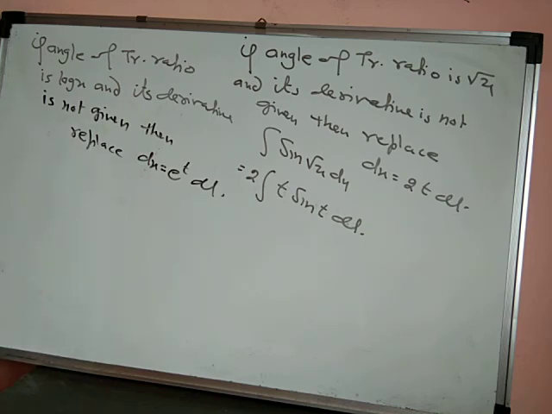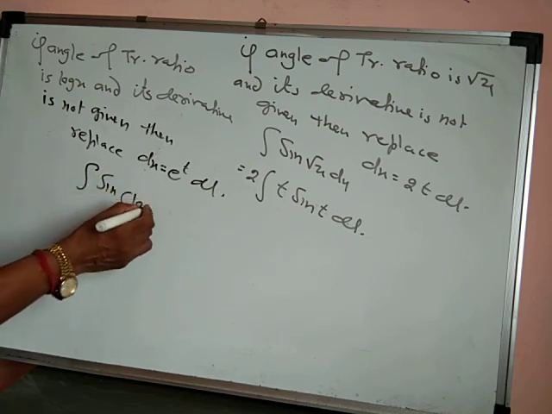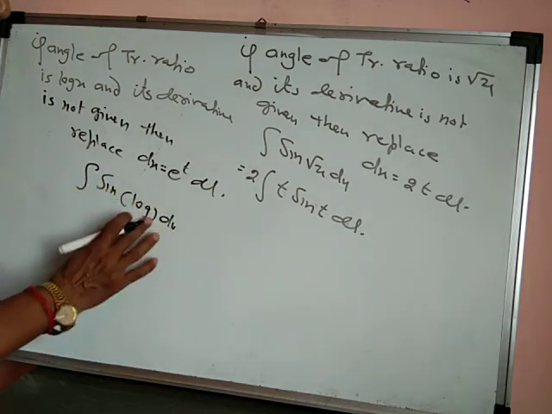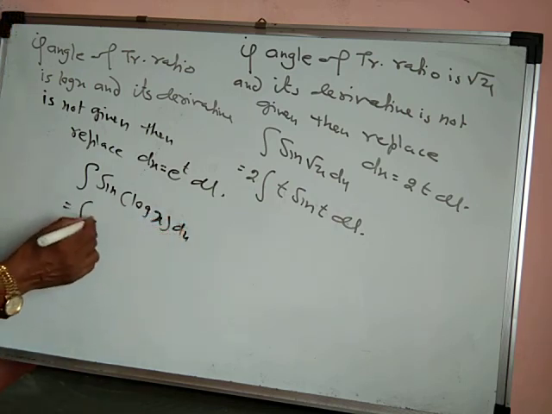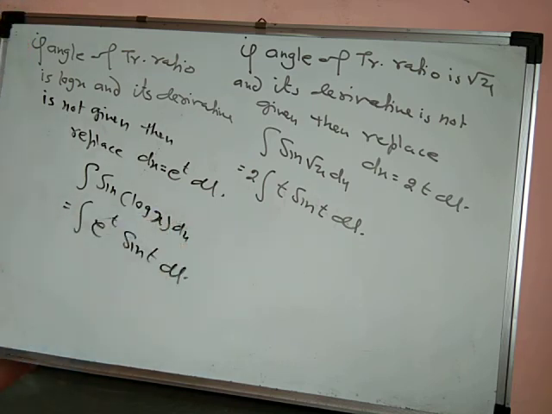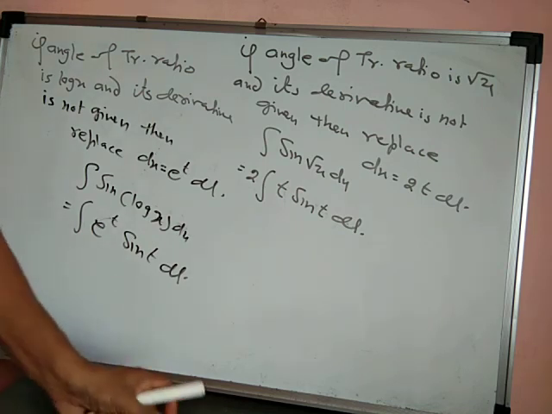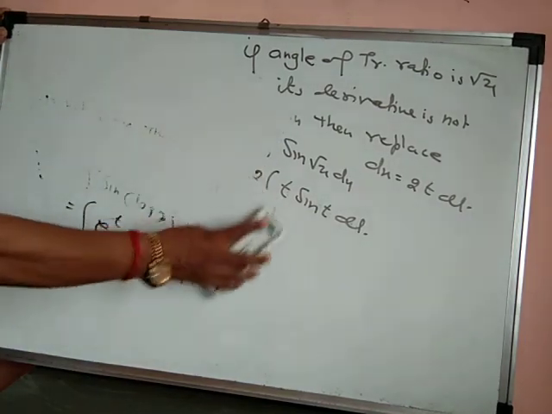Sine of log x dx. So this is equal to e raised to t sine t dt. So these small things will help you a lot in solving problems quickly. So tomorrow we'll be seeing some more problems and some more new types, some more shortcuts on integration.